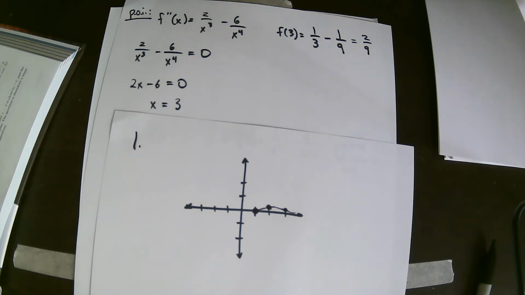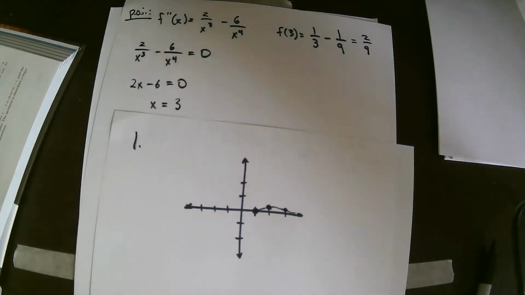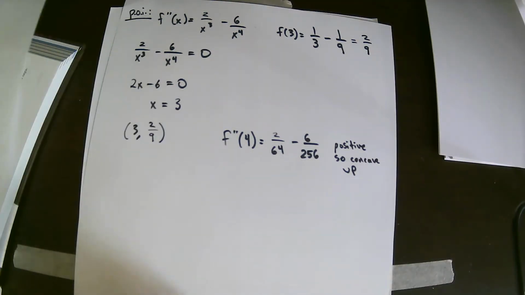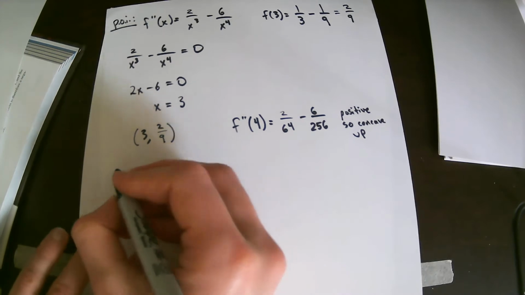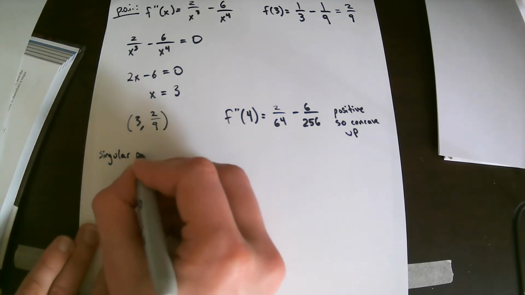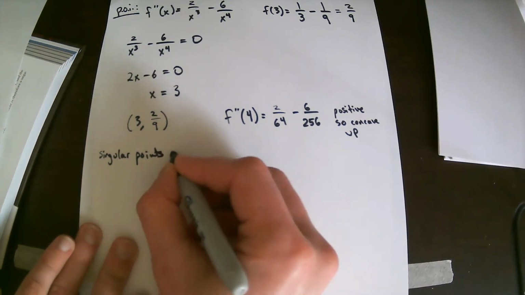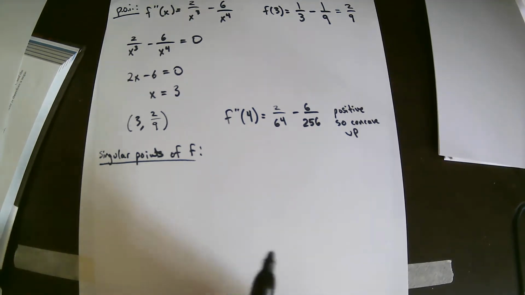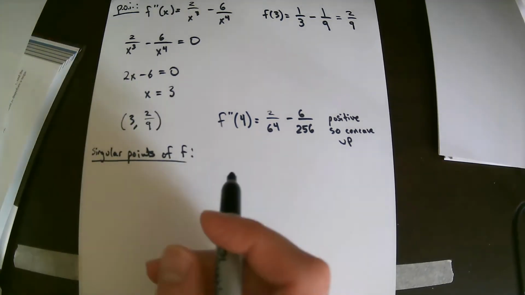Next is, what is next? Singular points of f. So we found all of our points of inflection. There was only one.